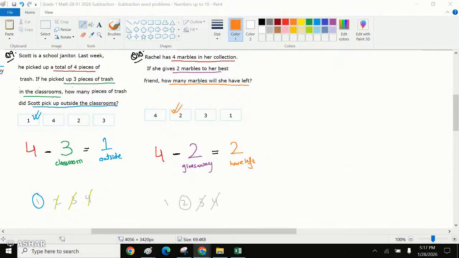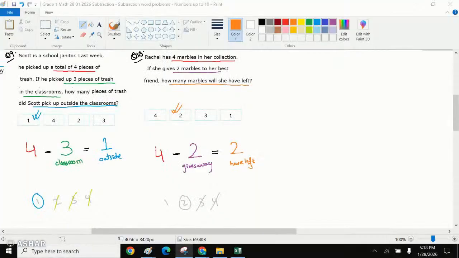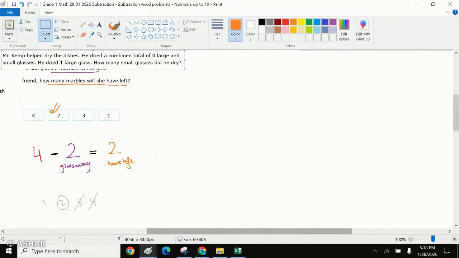Okay, can we say, let's just change those 2 values, okay? For the next question, I would say, Mr. Kemp helped dry dishes. Okay, I'm changing the numbers, or let me change the values over here.